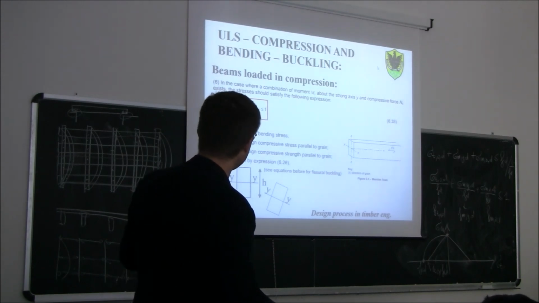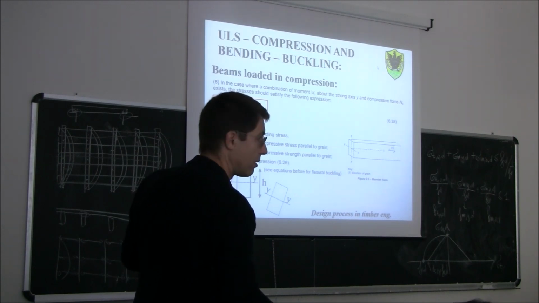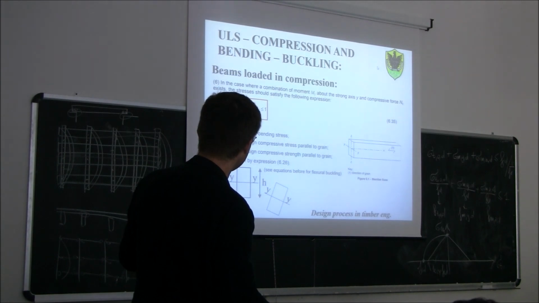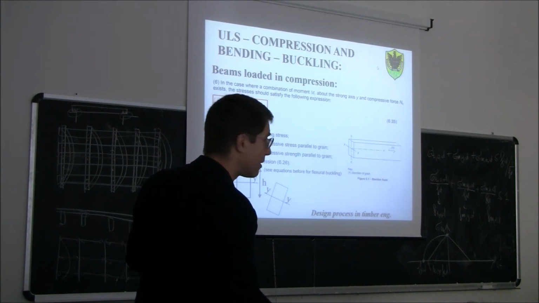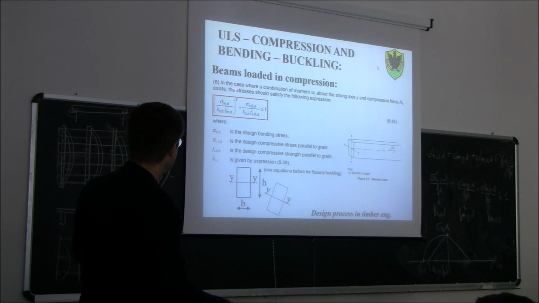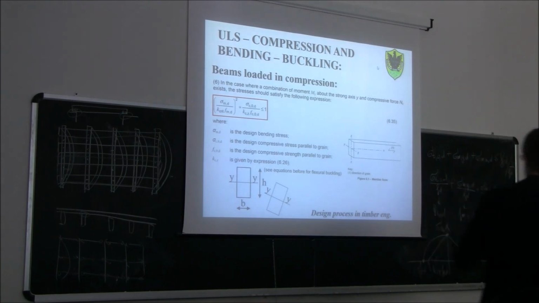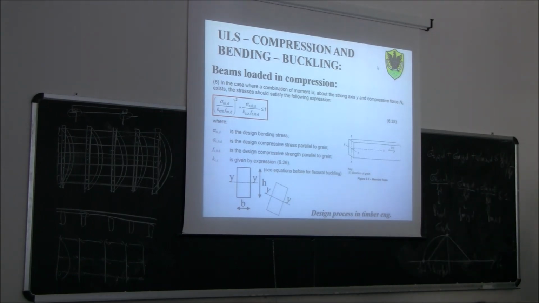Then we do the ratio between those stresses and the reduced strength due to lateral torsional buckling, so K_crit times f_md, and the reduced strength due to flexural buckling, K_cz times f_c0d. Then we take to the power of 2 the first ratio, and then we get this other domain. So if the inequality is satisfied, then it's fine. Otherwise, we need to enlarge the cross section.